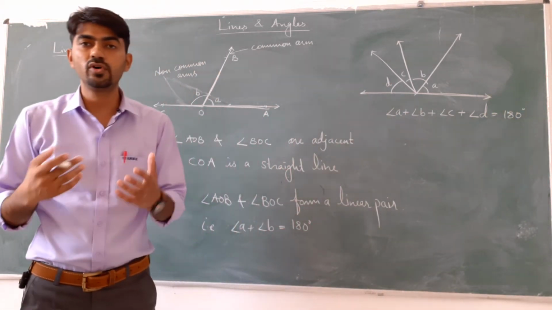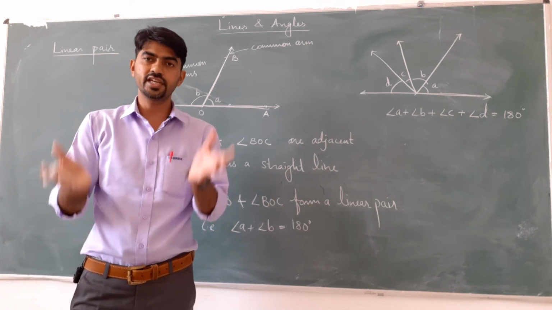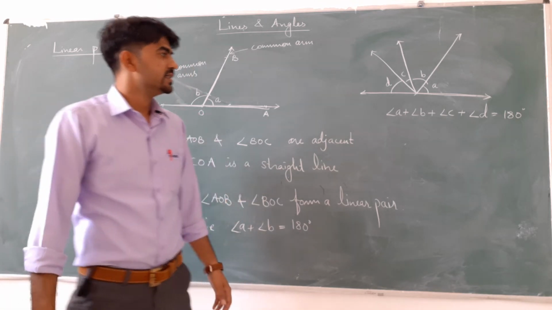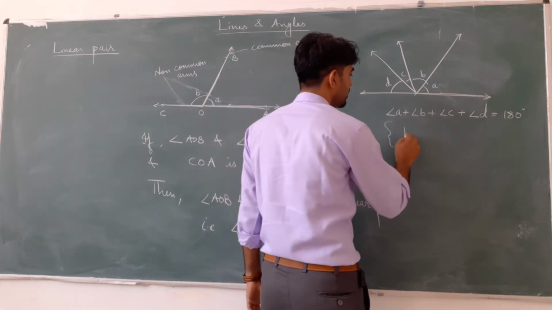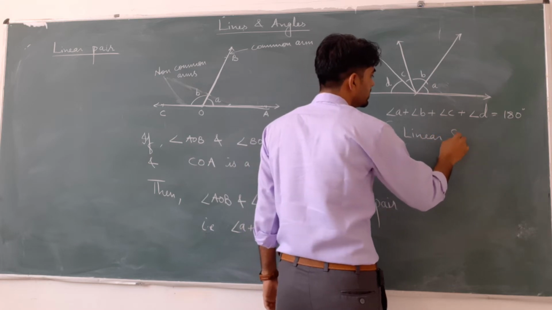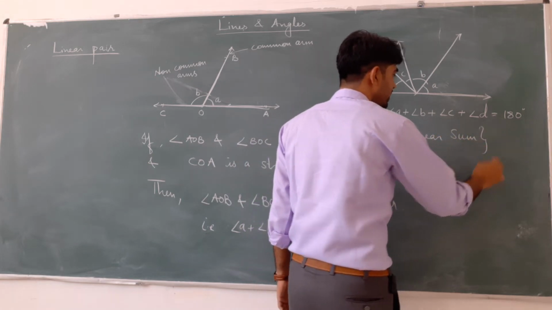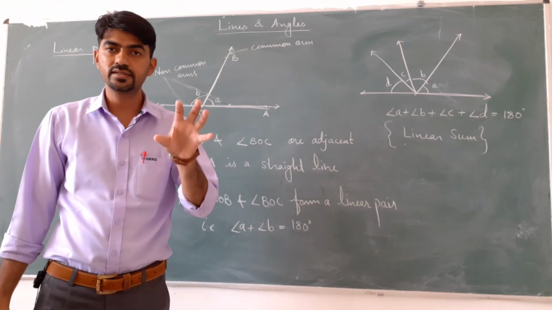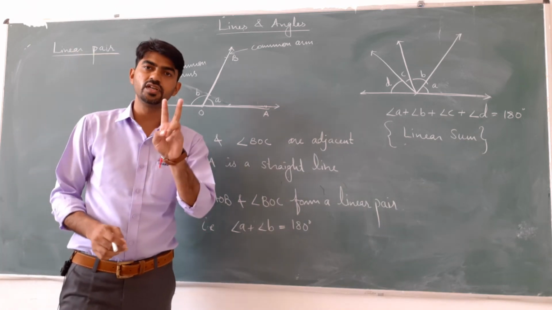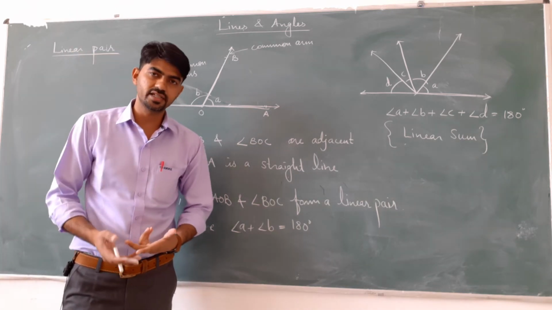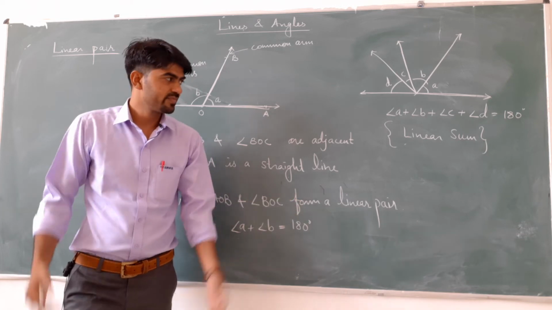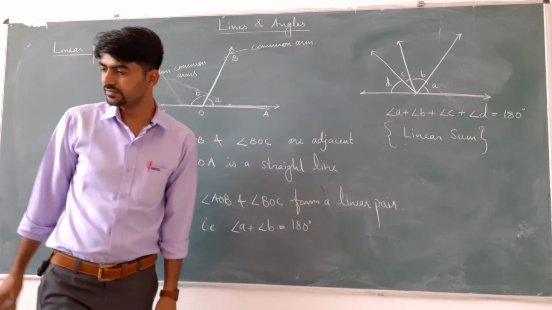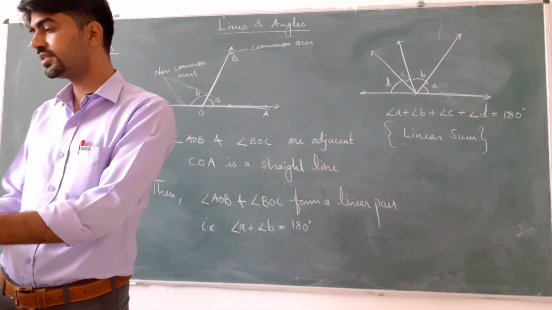If three or more than three angles taken together form a straight angle, then we call these angles a linear sum. Linear pair means only two angles. If more than two angles are there which are making a straight line, then we call them a linear sum.